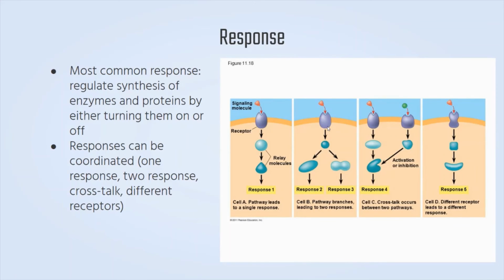However, a single signal transduction pathway can lead to two different responses. In addition, two different signal transduction pathways can crosstalk, where one product can activate or inhibit another response. And finally, if the receptor is completely different, it can lead to a completely different response.